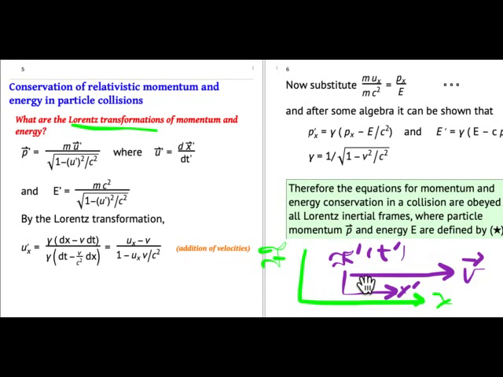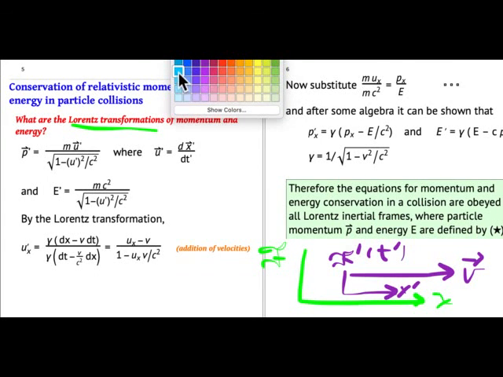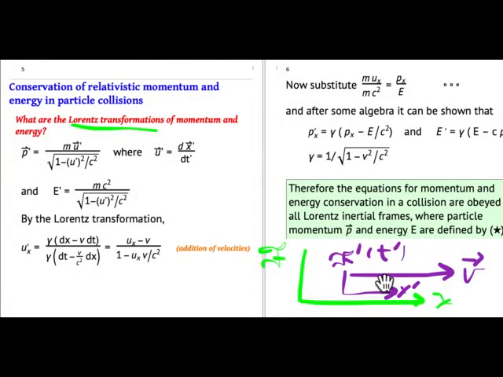Now, remember, this velocity is the relative velocity of two inertial frames. But this particle will be someplace and moving with some velocity relative to F prime.